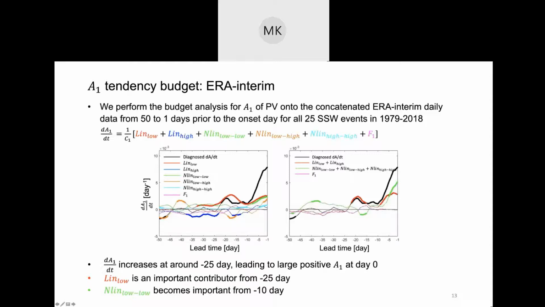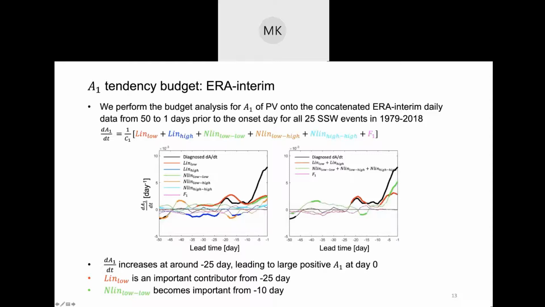The A1 tendency term, which is this black line, starts to increase about 25 days before the event. And it becomes larger and larger when approaching the central day, leading to the breakdown of the polar vortex. The increase of the A1 tendency is mainly contributed by the linear term, which only involves the low frequency EOF modes.